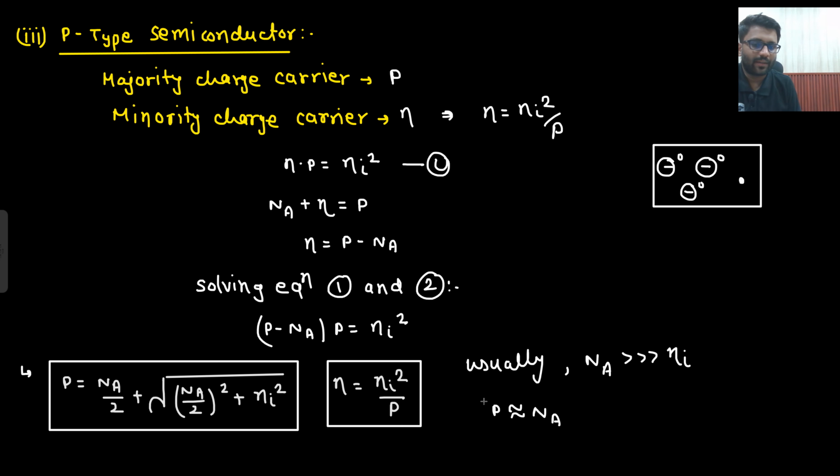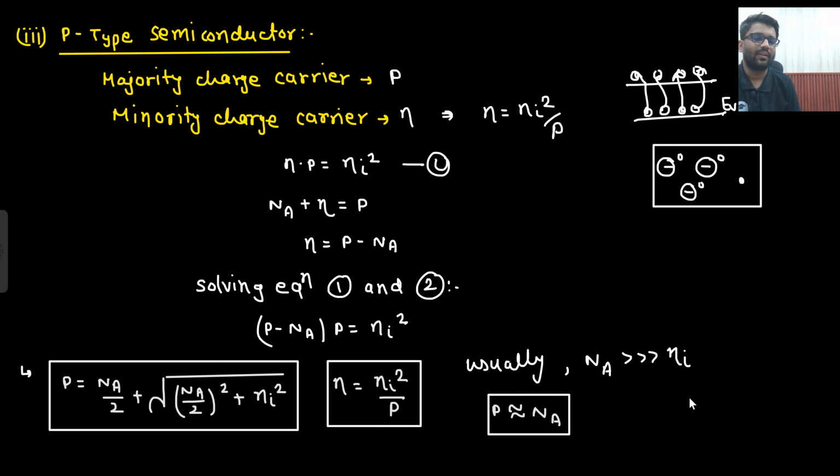Whatever acceptor atom is there, what will the acceptor atom do? It will give you a hole. All the holes are taking electrons from the valence band, and if electrons are going from the valence band, that means it is creating some vacancy. What this means is that every acceptor atom is giving you a hole.